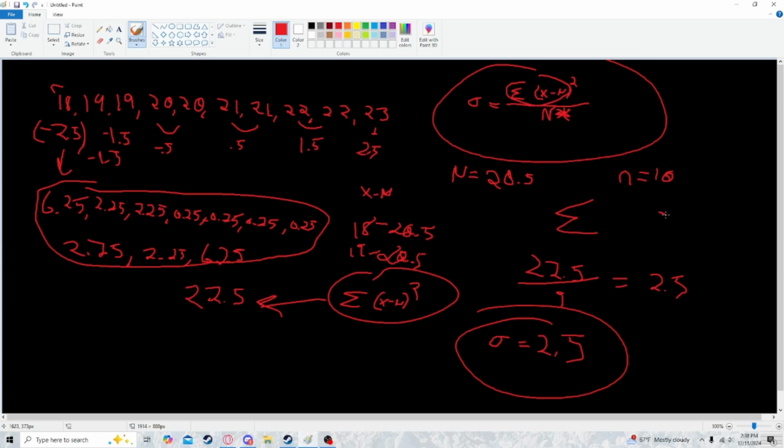So instead it would be 22.5 divided by 10, which would change the standard deviation to, I believe, 2.25. So this is not the correct answer. This is, because we're pulling a sample. So it is n minus 1 and not just n. Okay? And that's it.